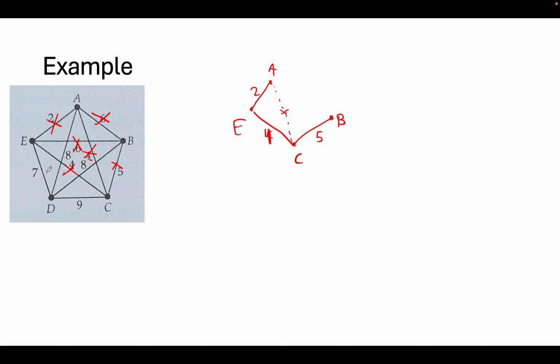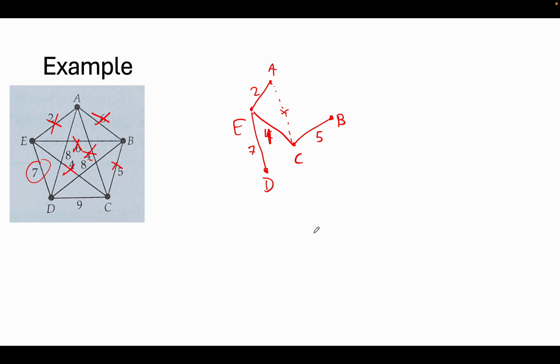And then the options are 7, 8, 8, or 9. So we're going to choose the 7 and connect E to D. And then A, B, C, D, E. We've got all the vertices. So the graph is now connected, and we're done. And we have the minimum spanning tree.